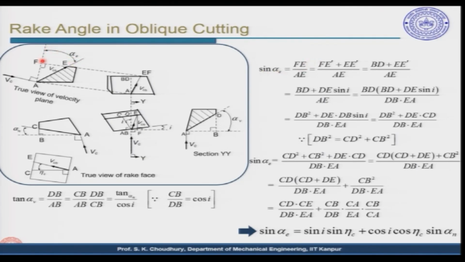and the sine of the effective rake angle will be Fe divided by Ae, and from here you find out with the geometry, that is Fe we are taking from here to here and from here to this view, and Fe can be found out as Fe prime, and Fe prime I will show it to you, it is not shown exactly here.